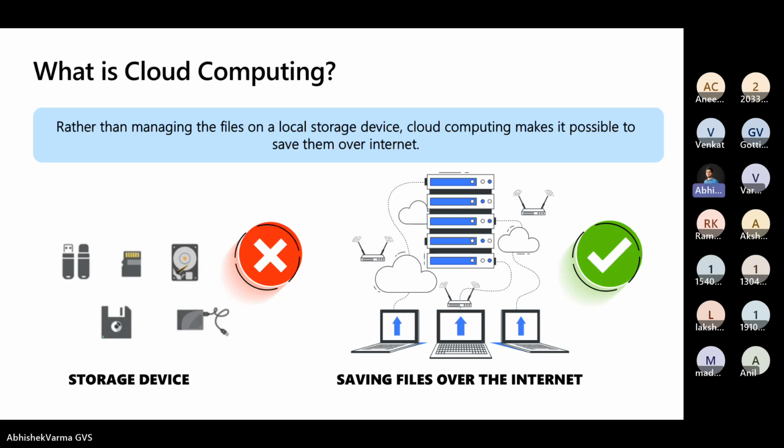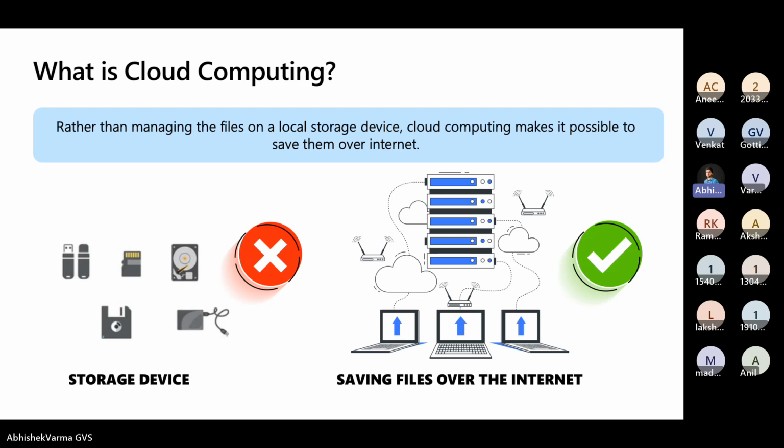Rather than managing the files on local storage, cloud computing makes it possible to save them over the internet. In the case of hard drives stored in the company's on-premises data centers, if there was any power failure or internet failure, the entire application will go down, and the log files from the time when the internet or the power is not there will be lost.